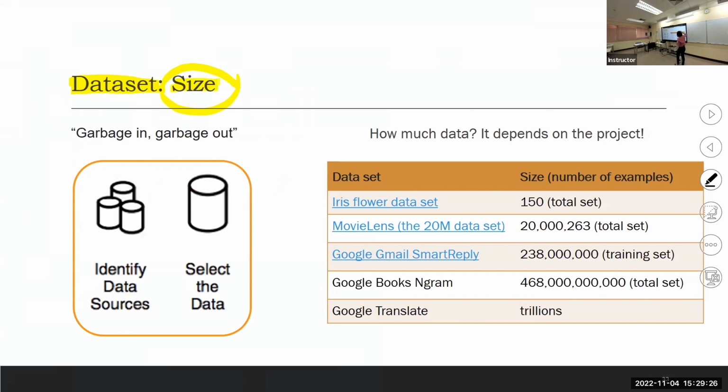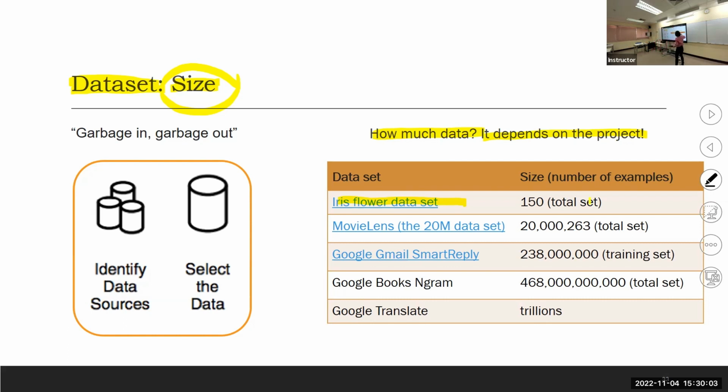I'll give you some idea. Of course, people may ask, how much data do we need? How big is it? My answer depends on what you are going to do. For example, if you are talking about flowers, maybe identifying a flower from photo image analysis, right? Take a photo and ask what type of flower is this one, what type of animal is in this picture, and so on.